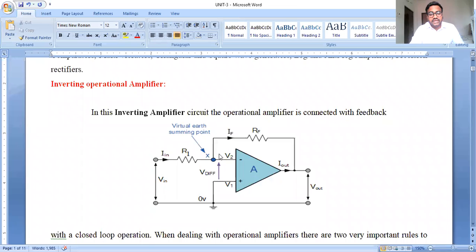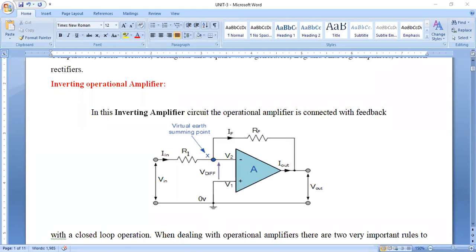With the feedback, we are controlling the voltage as well as the gain value.